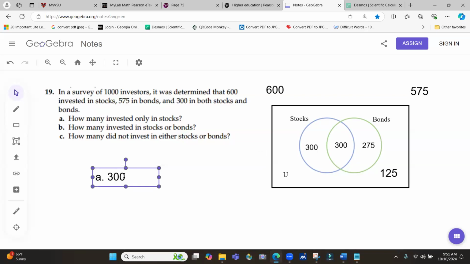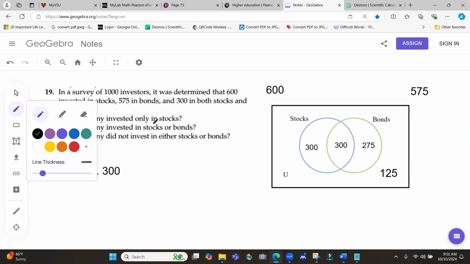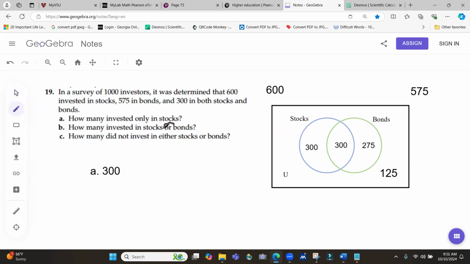How many invested in stocks or bonds? Guys, in class, we said the word or is very significant in sets. Or means either this or that. Moreover, in math, or means either this or that or both. So when you say or, you're talking about the union of this set, stocks, union of bonds.